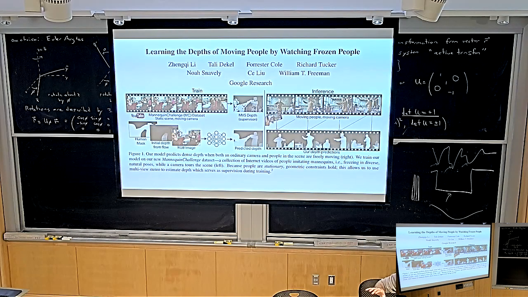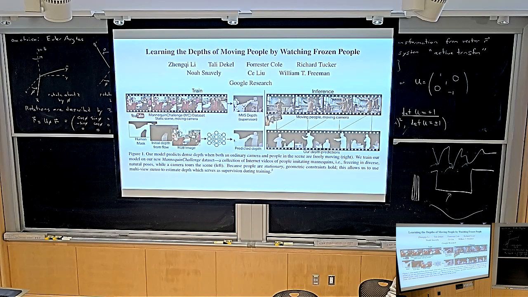Okay, problem though is another one, which is that structure from motion doesn't work, as we discussed shortly, for dynamic scenes. Because this whole shenanigans of matching correspondences assumes that the only motion in the scene is the camera motion. So let's say you want to build a monocular depth estimator that estimates the depth of people.